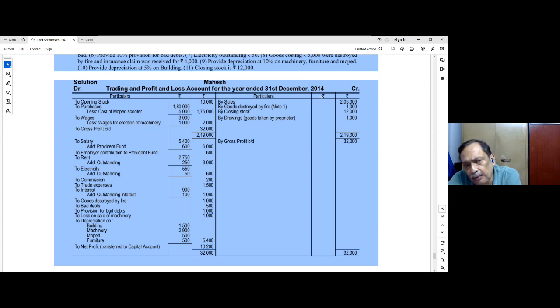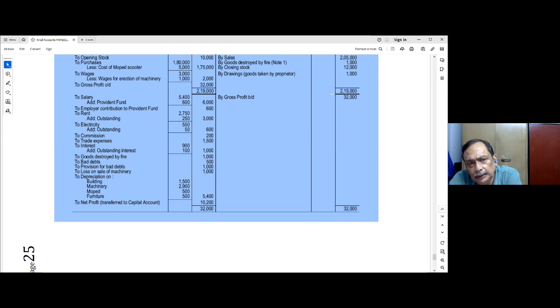To salary, provident fund amount is to be added. To employer contribution to provident fund. To rent outstanding, to electricity outstanding. To commission, to trade expenses, to interest outstanding. Then to goods destroyed by fire, to bad debts, to provision for bad debts, to loss on sale of machinery.